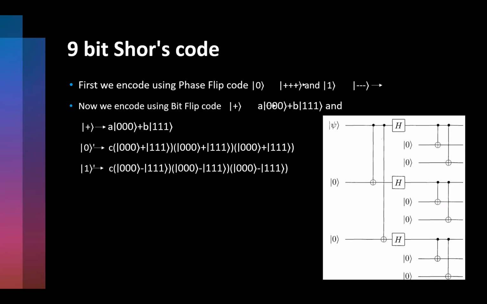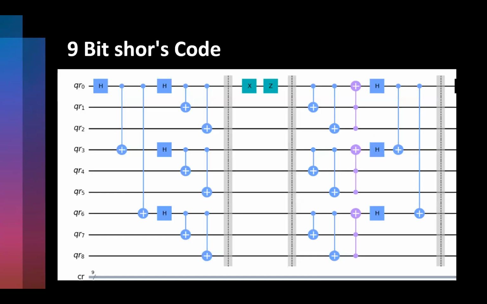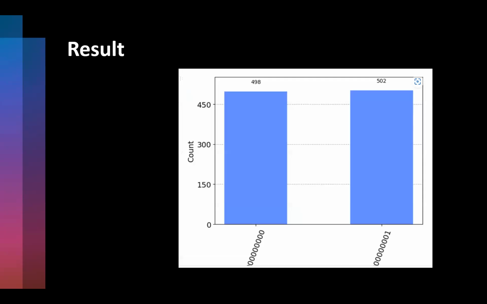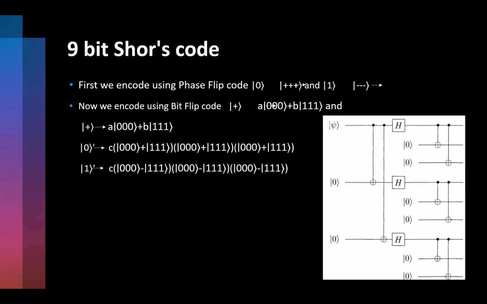Now let's discuss the 9-bit Shor code. First, we encode using the phase flip code, which turns 0 into plus plus plus and 1 into minus minus minus. In this picture, you can see we have an information psi.